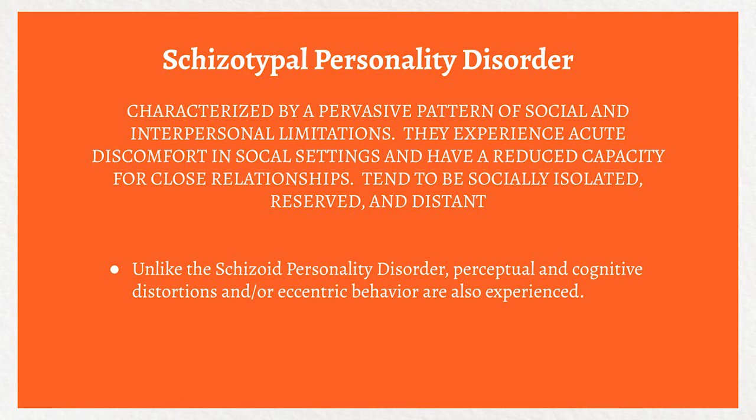And so the last one, schizotypal personality, again, a big pattern of social and interpersonal limitations. They tend to be very socially isolated, very reserved, and very distant. And again, it's not the same thing as a person who's a little bit shy. The schizotypal, I think, is usually described as really kind of the unusual personality.